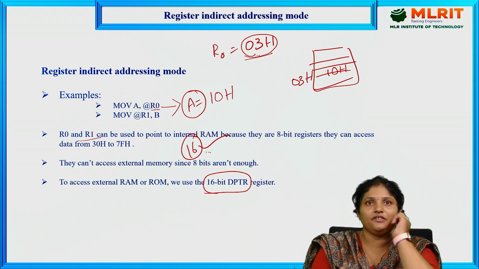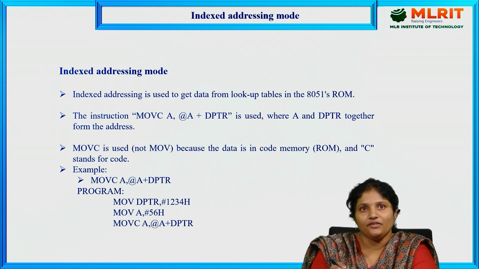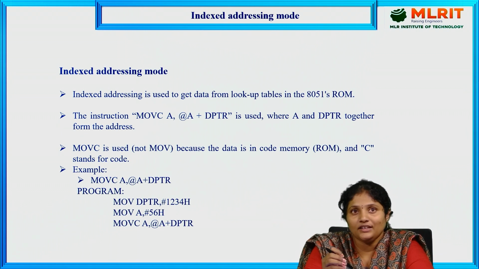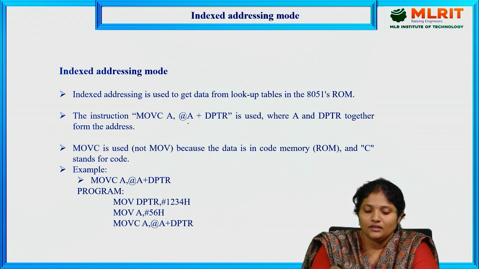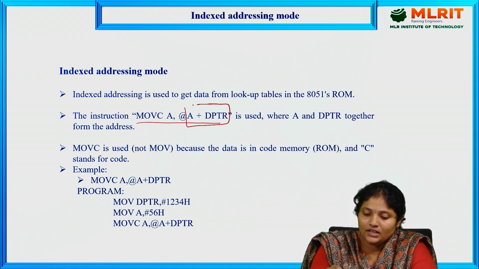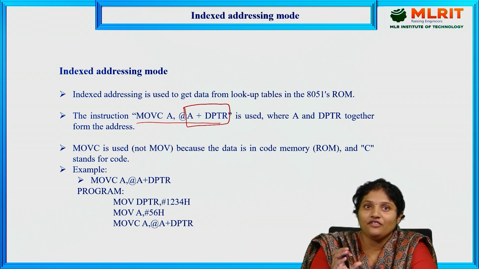So this is the register indirect addressing mode. Coming to the indexed addressing mode, this is one of the important ones. Indexed addressing mode is used to get data from the lookup tables of the 8051 ROM, so it is code. In this instruction, A along with DPTR will form the address location.